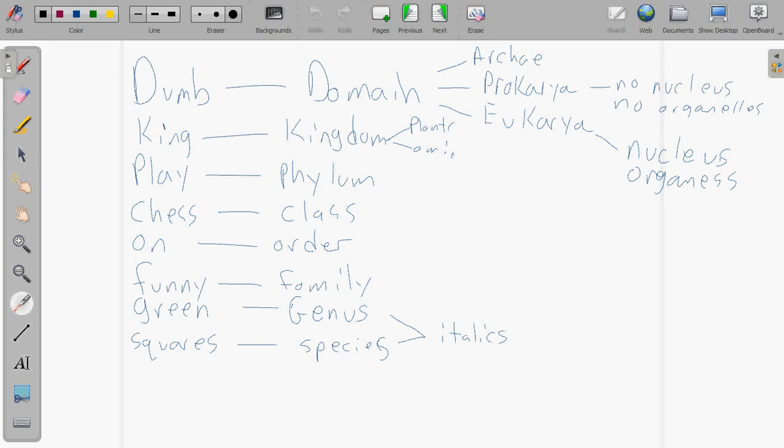Okay? And then from there, you can talk about the kingdoms of plants, animals, so forth and so on. And then it breaks down more specific, until you get to the scientific name of a very specific thing like Canis lupus.